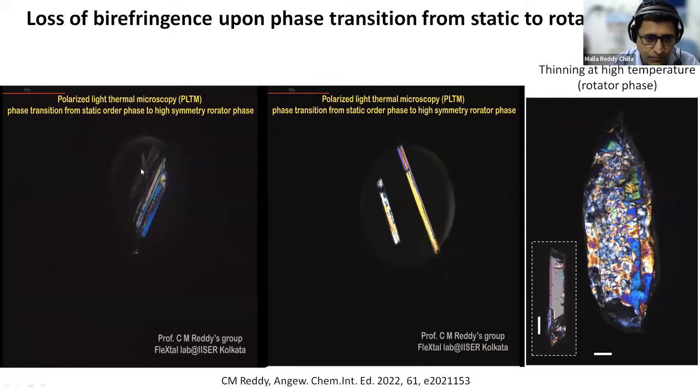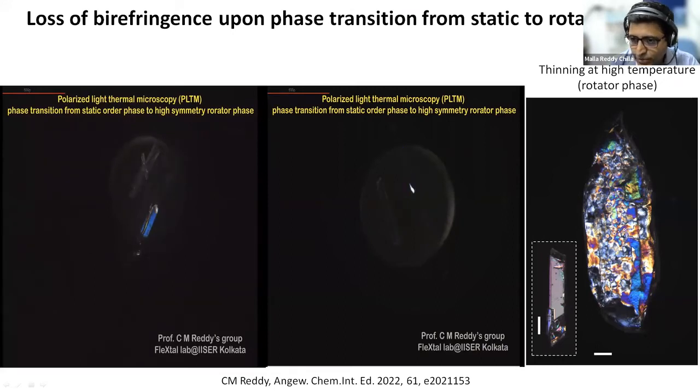This is a GIF file, so it is repeating. It does not mean that the crystals actually transform this way, but when you heat, you lose the iridescence in both cases, as you can see. When you go to high temperature and thin these crystals, you actually see a big thin film kind of thing.